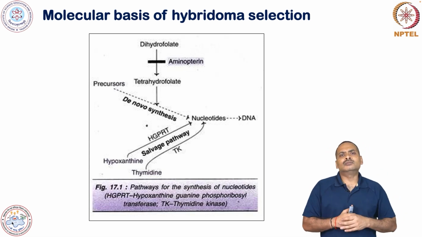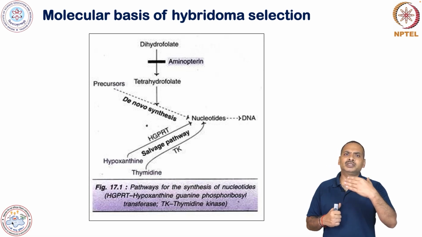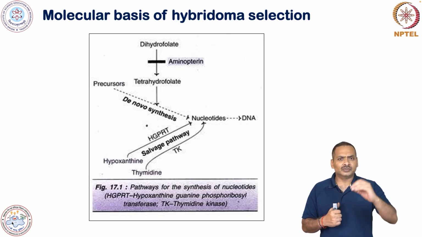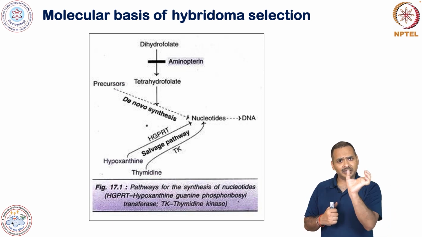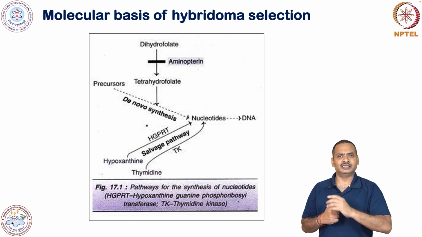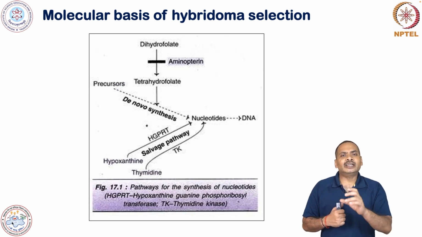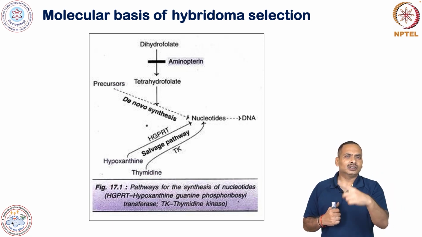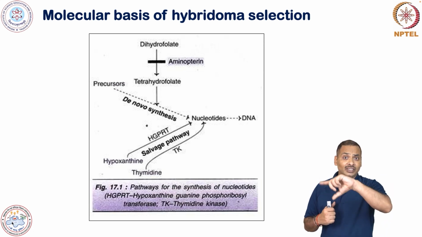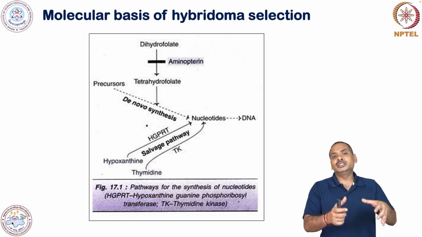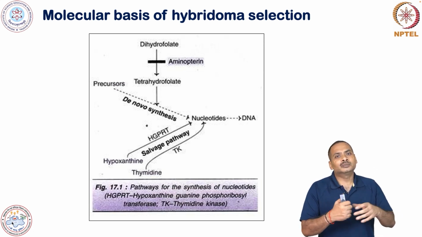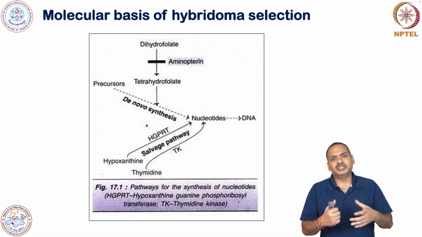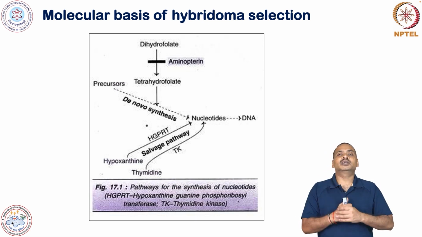So there is one molecule known as aminopterin. Aminopterin is basically a poison which inhibits this enzyme dihydrofolate reductase. So if dihydrofolate reductase is poisoned, then the cell will switch to the salvage pathway, and for the salvage pathway you need these bases, like hypoxanthine and thymidine, in order to run this pathway.